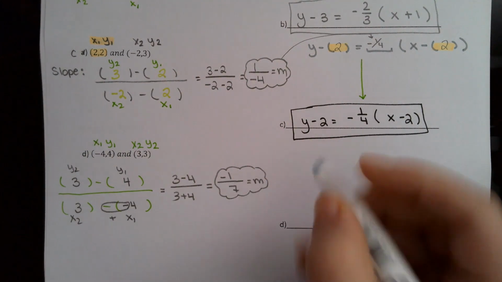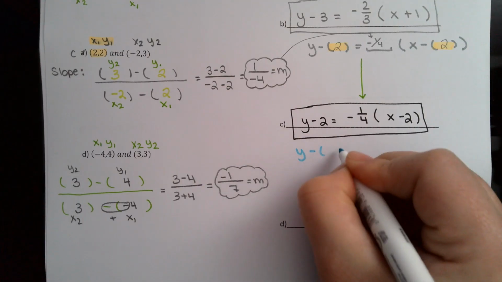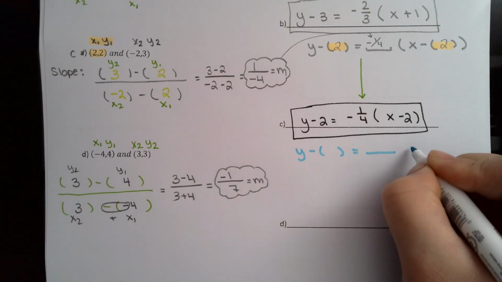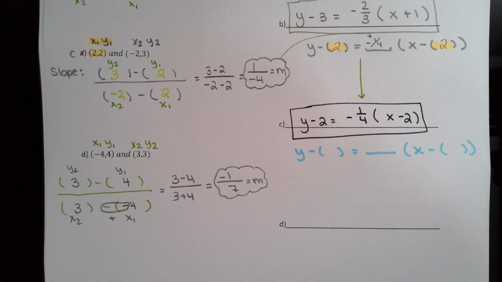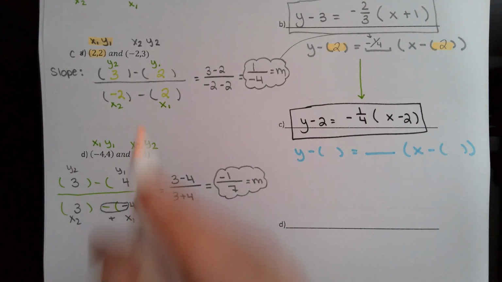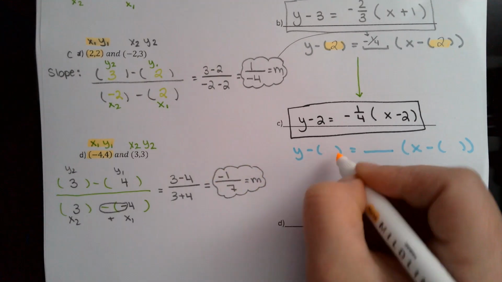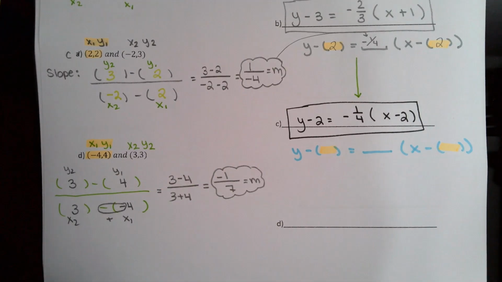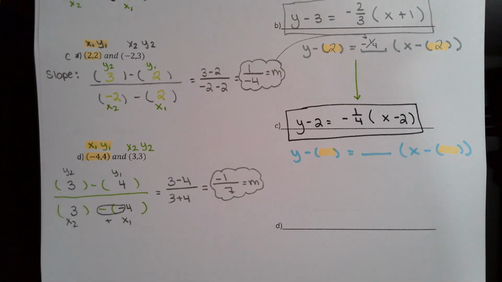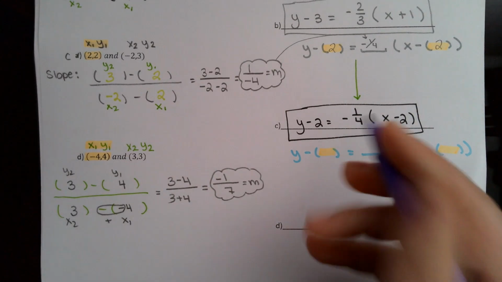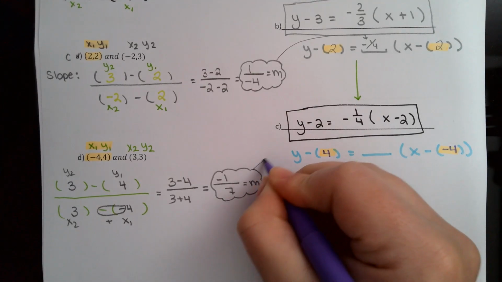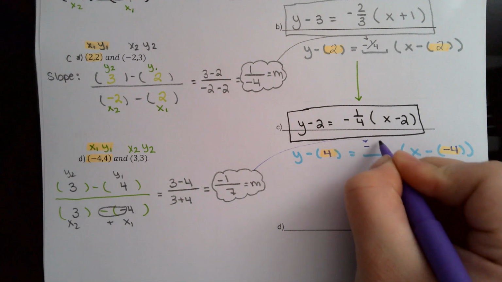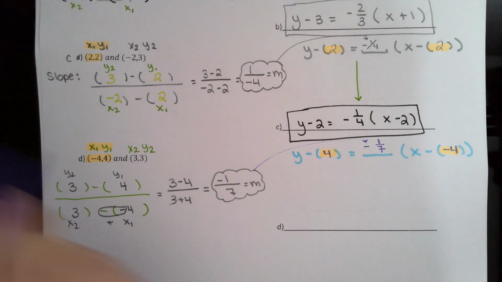Let's write out our formula. y minus y1 is equal to m, x minus x1. And we're going to take a look at our point here. y1 is positive 4, x1 is a negative 4, and our slope is negative 1/7.